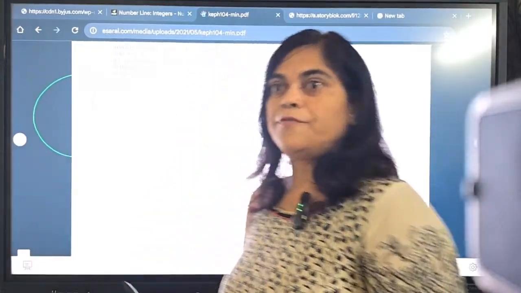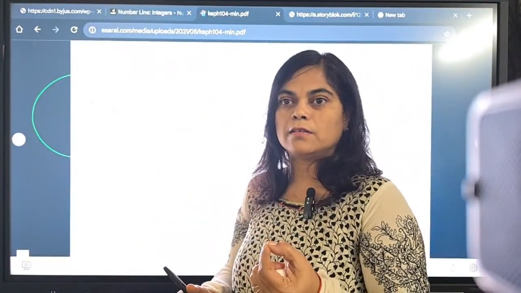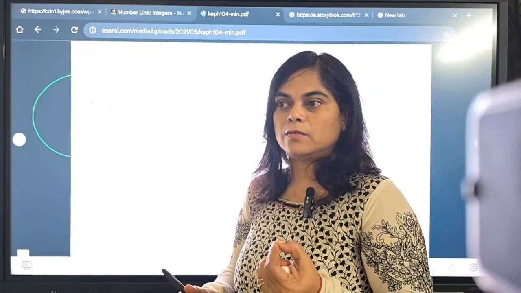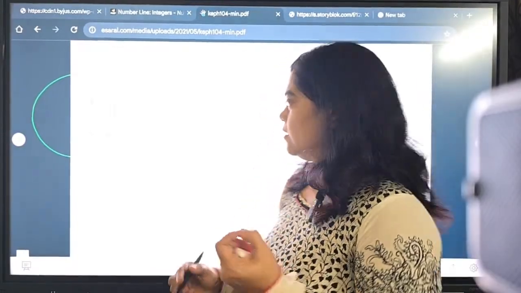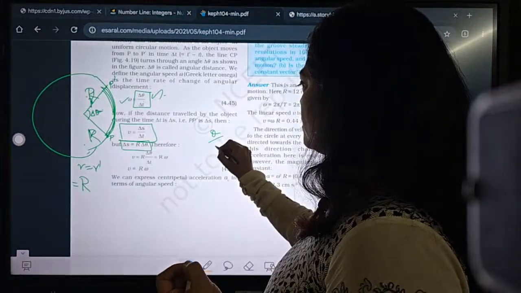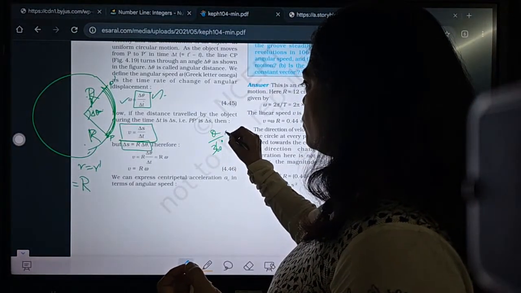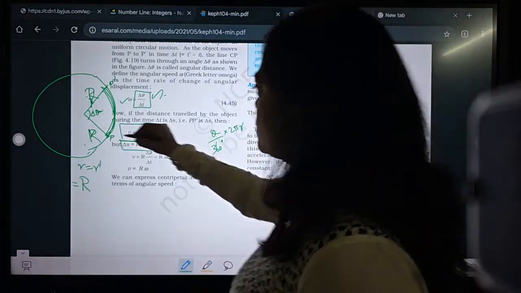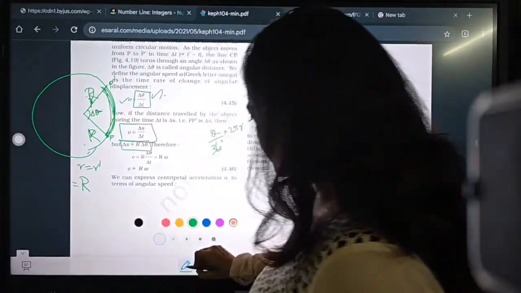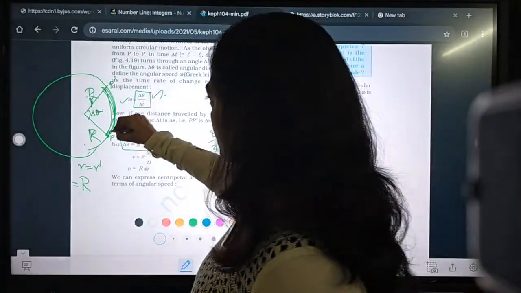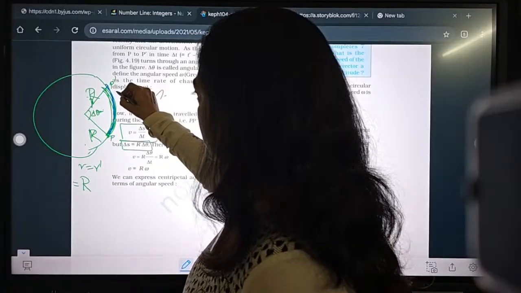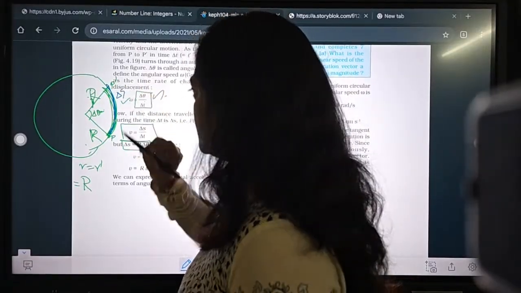If you want to find the length of an arc of a circle, what is the formula? Theta by 360 degrees into 2 pi r. This part is the length of an arc, denoted by delta S here.